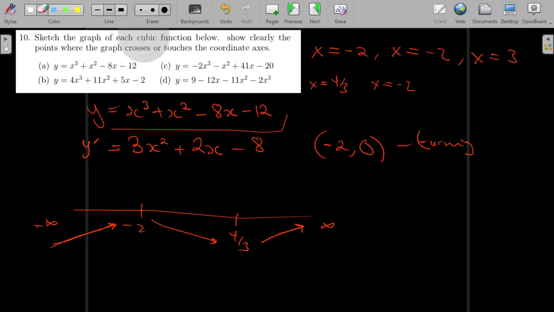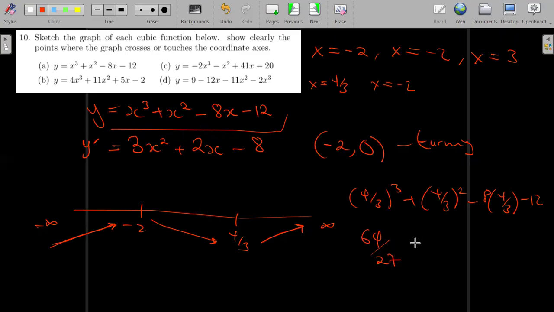Let's do the other one. We do the same with 4 over 3: 4 over 3 cubed plus 4 over 3 squared minus 8 multiplied by 4 over 3, then minus 12. What do I get? 4 over 3 cubed is 4 times 4 times 4 over 27, which is 64 over 27.